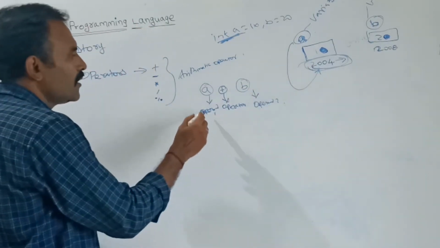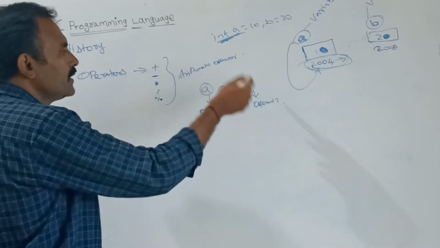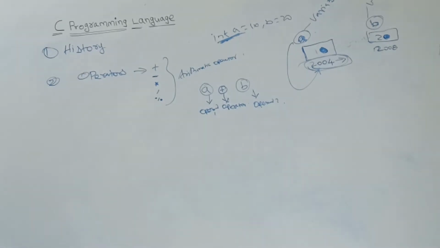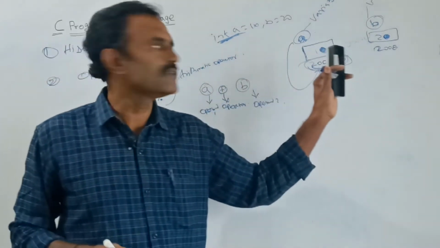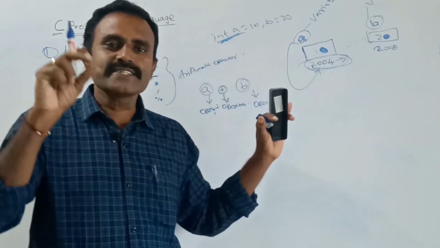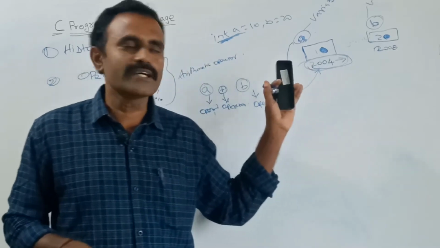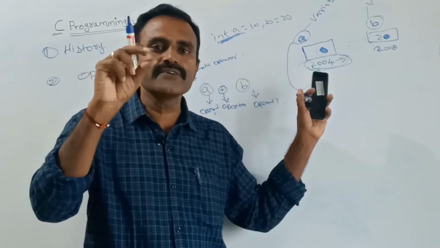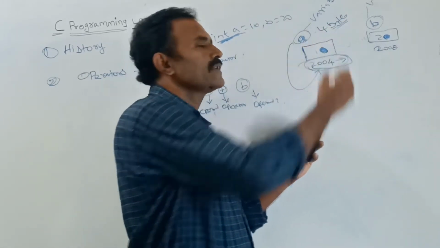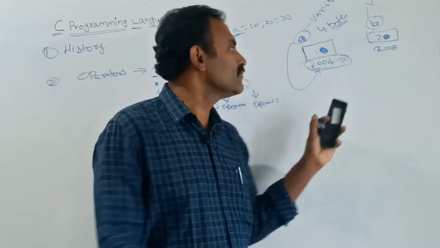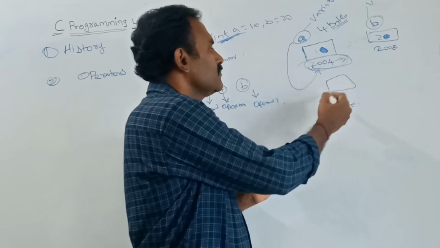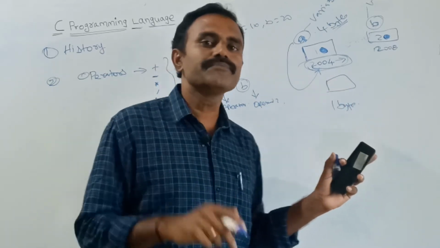Here I am using operand 1, the operator, and then operand B. In this way the memory space will be allocated to the variables. A default size is there for each and every data type. For integer, it will allocate 4 bytes by default. Suppose I am declaring a character; the default size of a character is 1 byte, that means 1 letter can be stored.